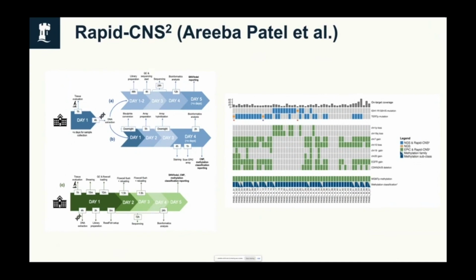So in contrast with the current approach where you would have to collect your sample, extract DNA, one portion of that sample would go for standard sequencing, another portion would go for bisulfite conversion and array analysis. Everything could be done in one assay on a nanopore sequencing device. Now here we show the timeline for these as both being around 5 days.